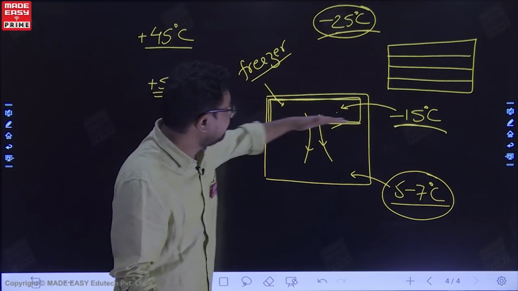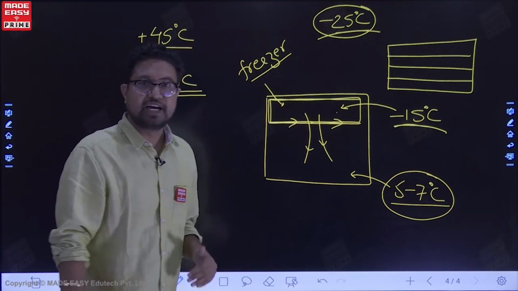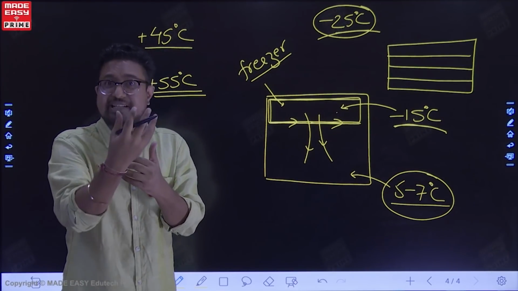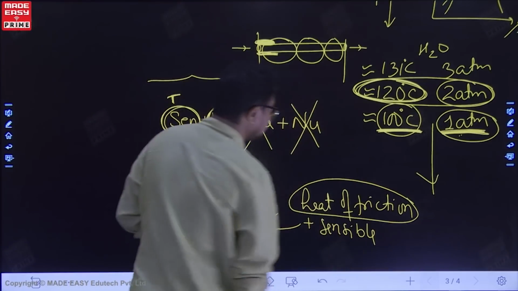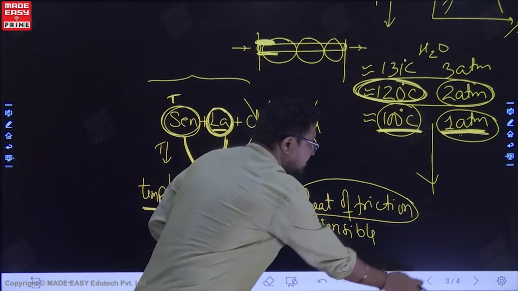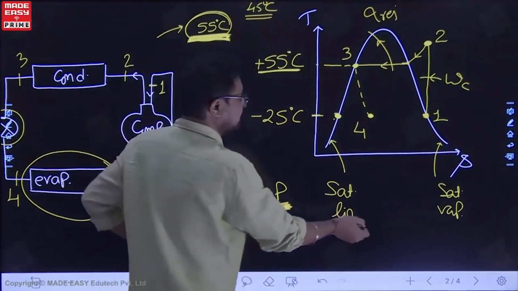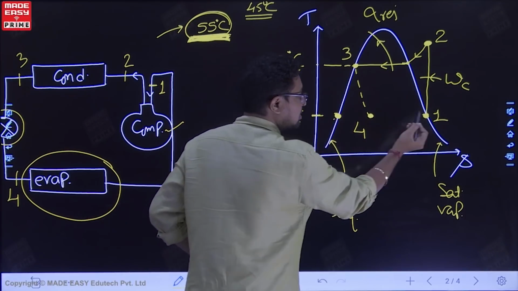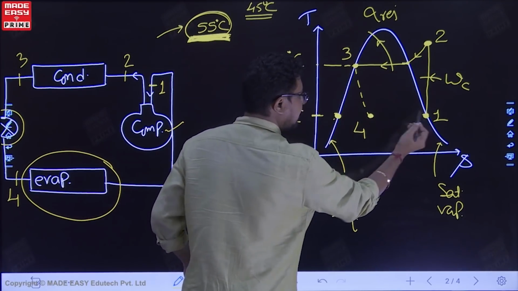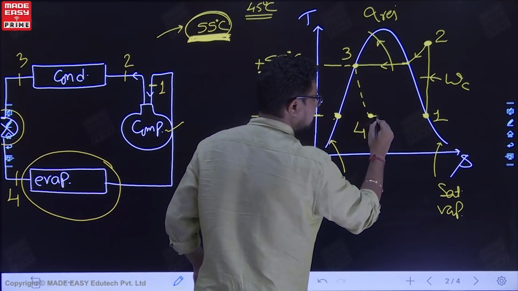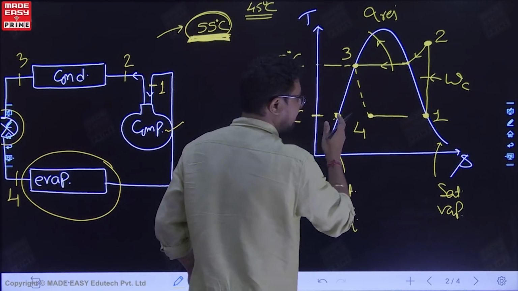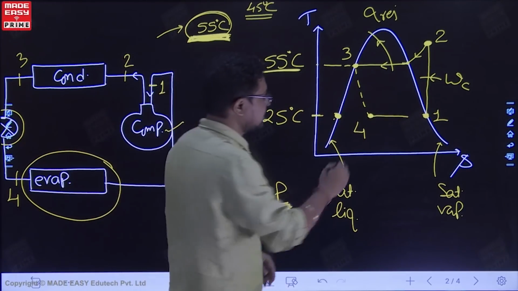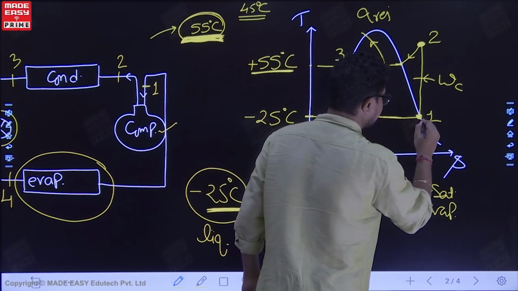So when the minus 25 degree refrigerant flows, it will continuously try to absorb heat from this place. As the heat is absorbed, the remaining liquid also converts into vapor. So average shifts towards saturated vapor. So we are going towards saturated vapor.